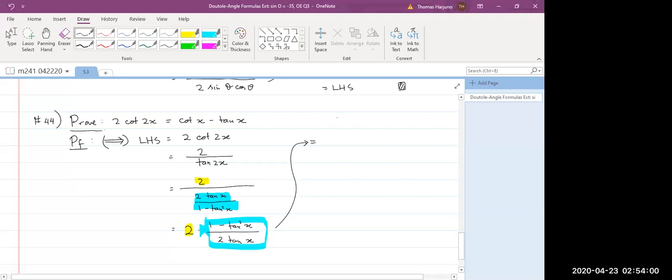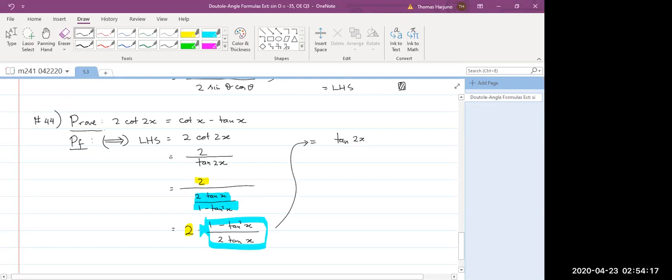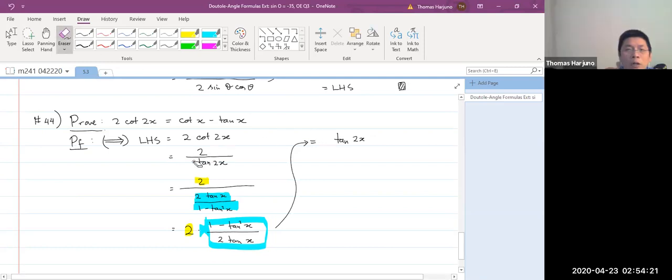So would we write it as tan 2x like that? Not yet. No, actually, we are not going here. We already wrote it as tangent 2x on the denominator. But how do we go on from here?